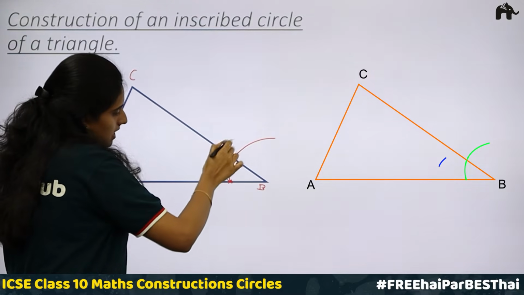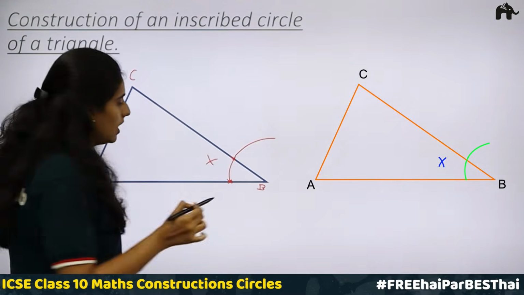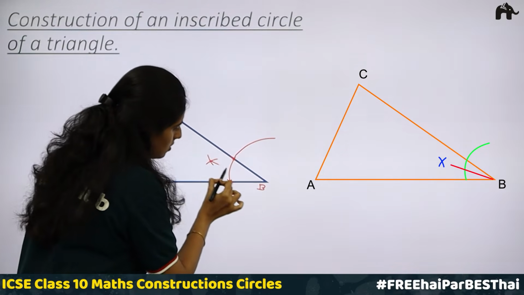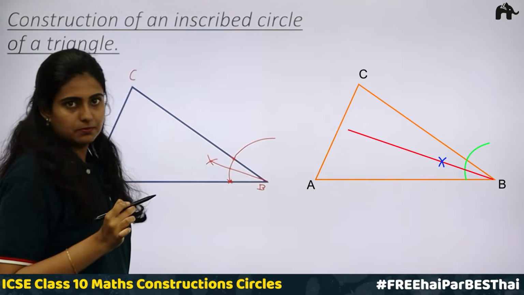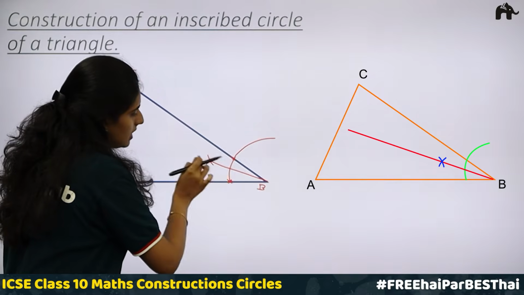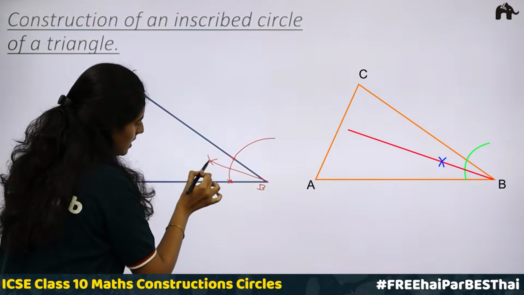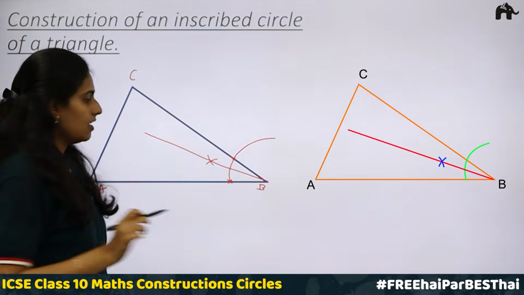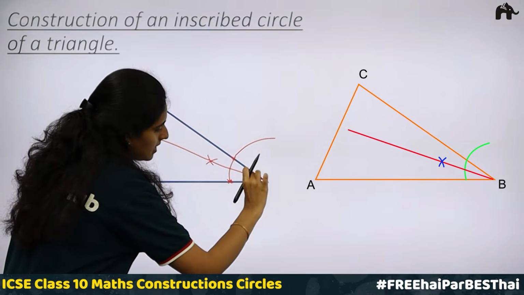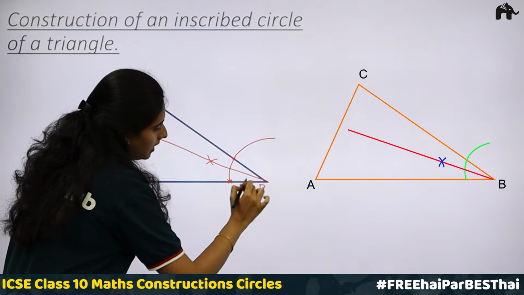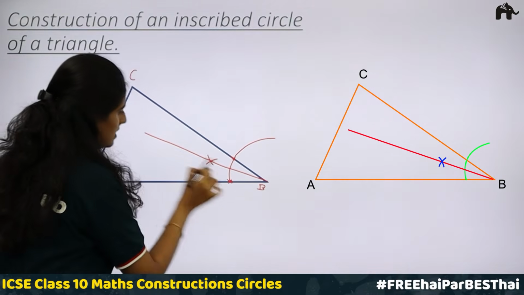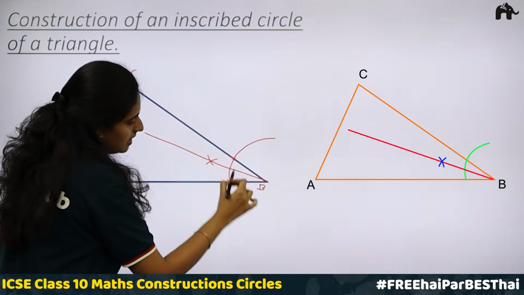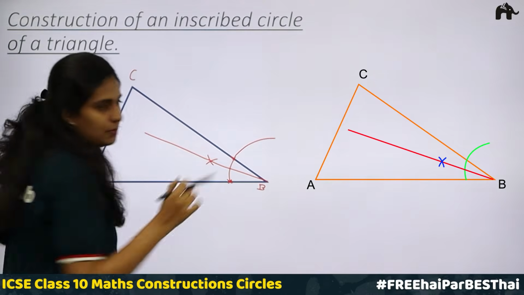With this point as center, cut another arc. From this point, draw a line to B. Now this line you have to extend. Here we have bisected this angle B. This line has bisected the total angle B.